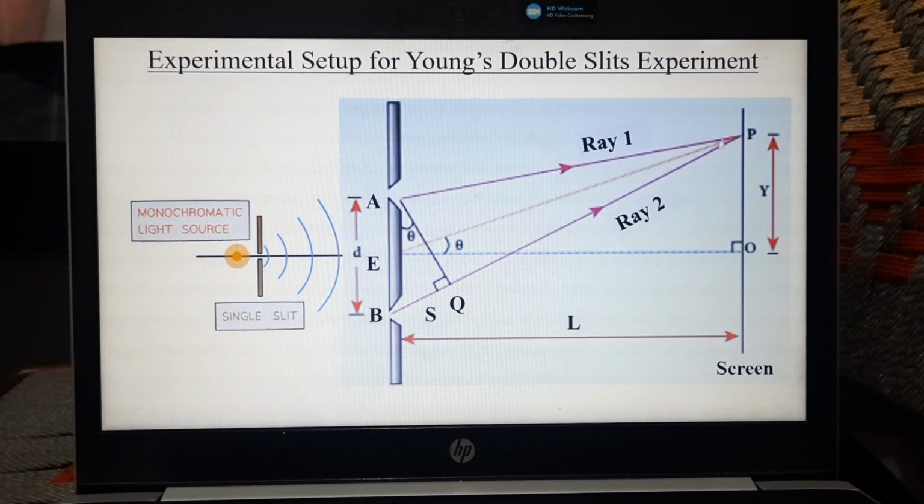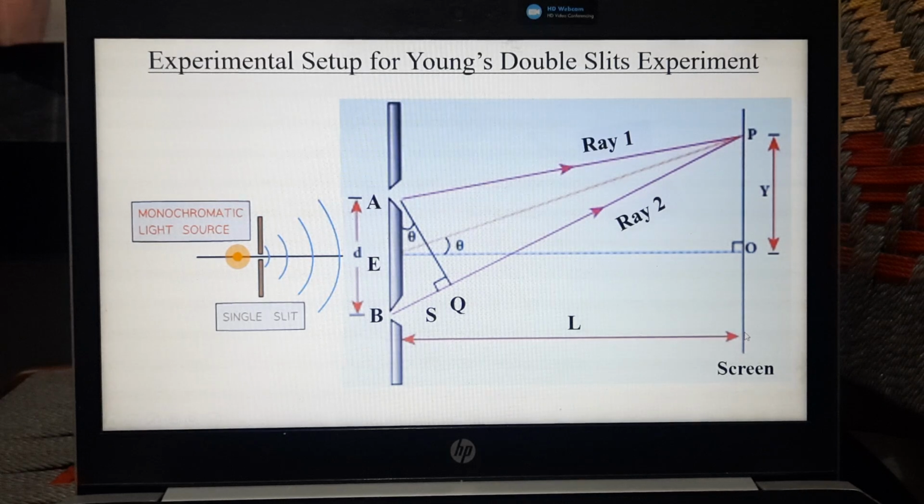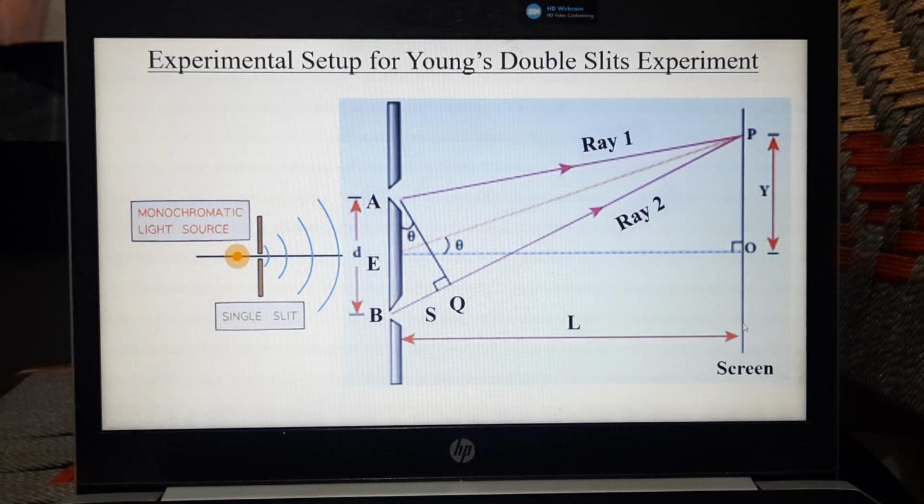Here is the screen upon which we will be observing the interference pattern, either in the form of constructive interference or in the form of destructive interference. Don't forget that you have studied the interference of the sound waves.